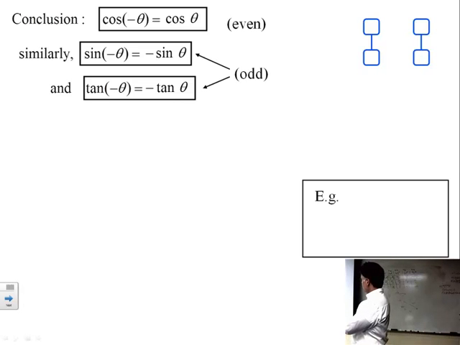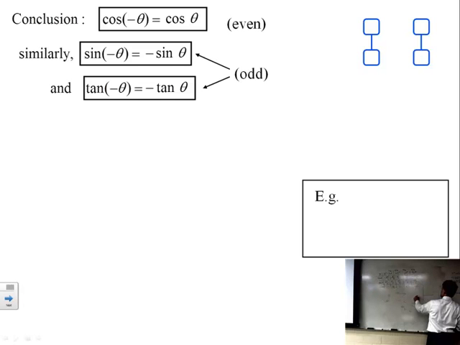Any function f of x that satisfies f of minus x is minus f of x is called an odd function. This says that sine and tangent are odd functions. If you look at the graph of an odd function, it looks the same if you rotate it 180 degrees around the origin.